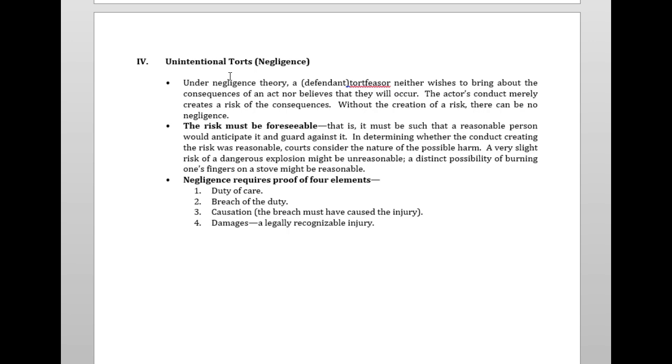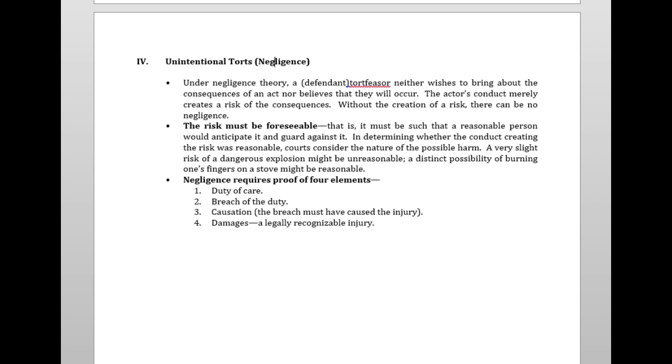For an unintentional tort, and this is called negligence, the defendant didn't wish to bring about the consequences, had no intent. Basically, their conduct only created the risk of the consequences, and their conduct was not intentional.